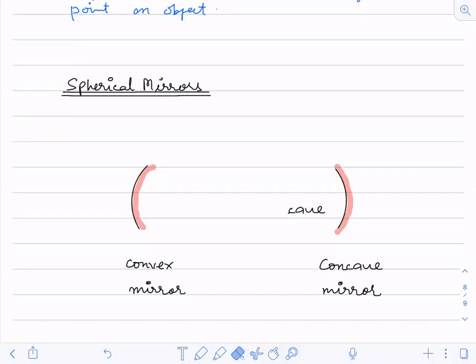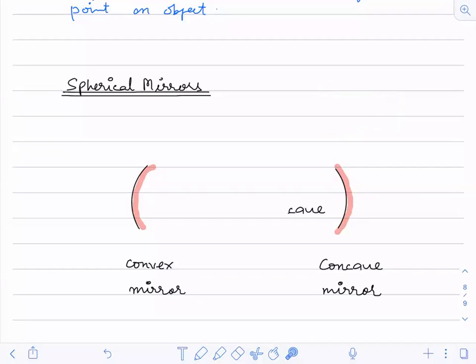How are images formed, I'll explain you. Just see here. What is the structure of a cave? Can you remember? I hope all of you can visualize the structure of a cave. Is it looking like a cave?